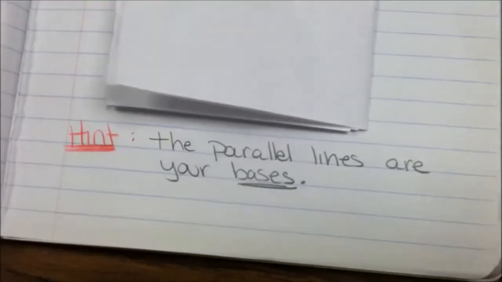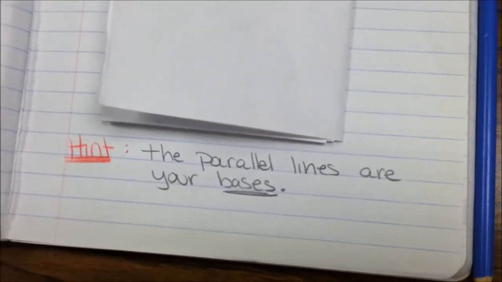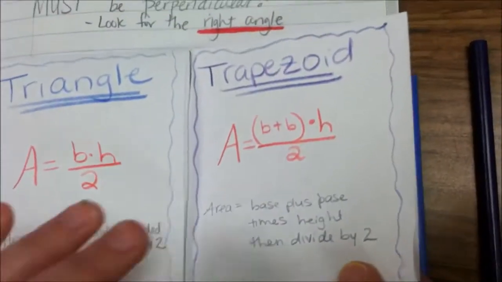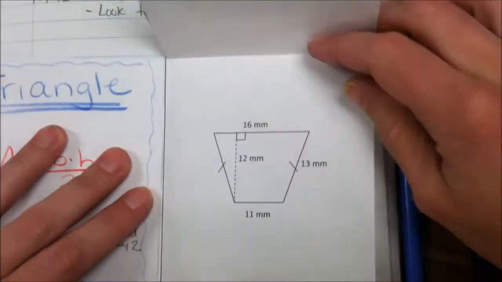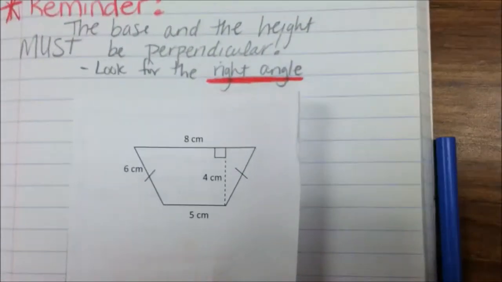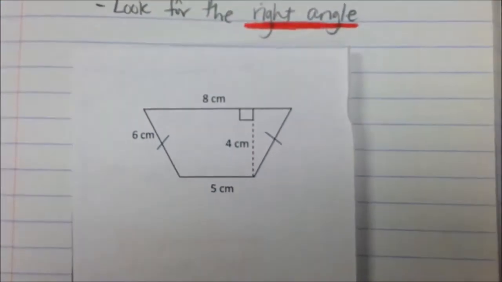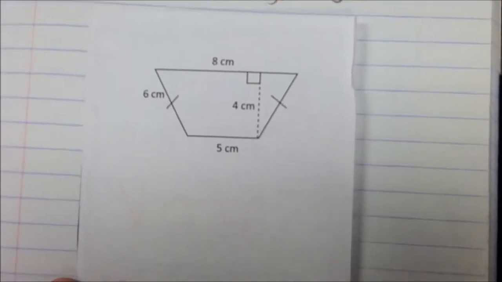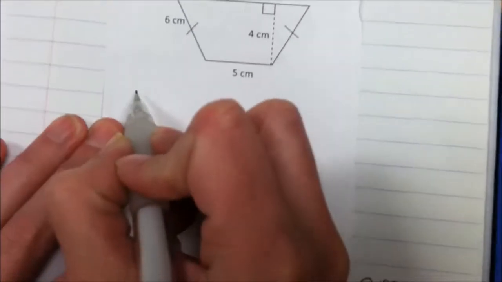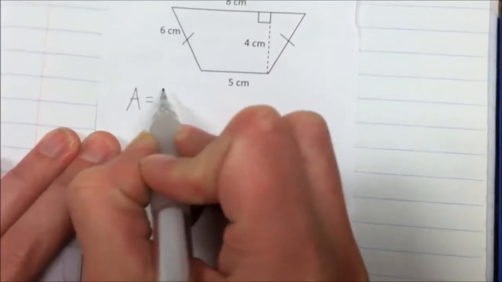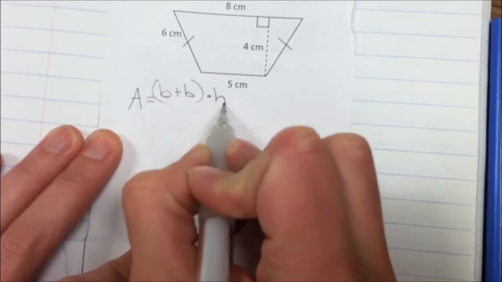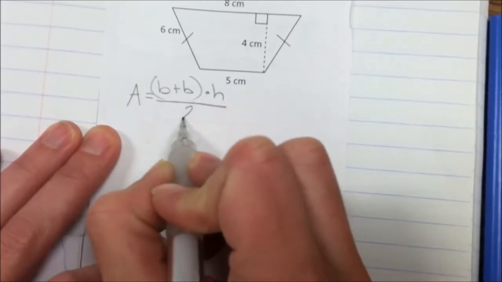So now we have to go back to the formula and see what that means to us. If we turn back into this, I'm going to open it up, and I have this. Now, I'm going to first write the formula because I think that's helpful to know what to do. So it's area equals base plus base times the height divided by 2.